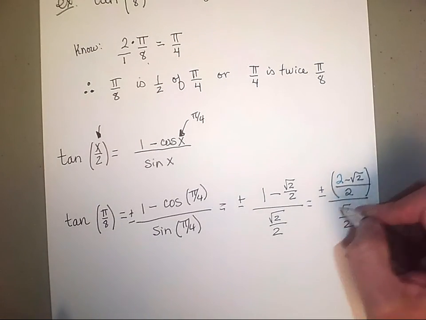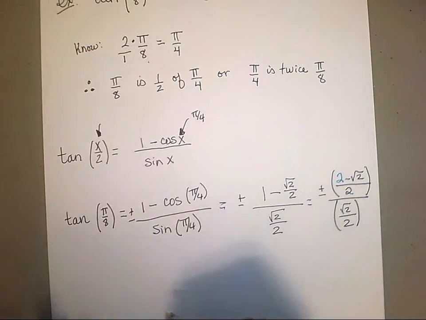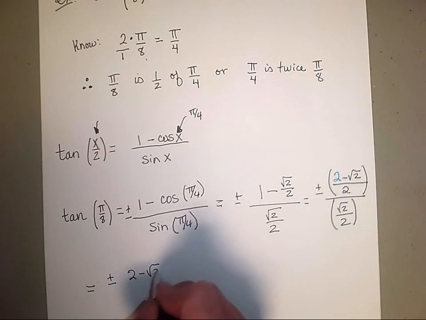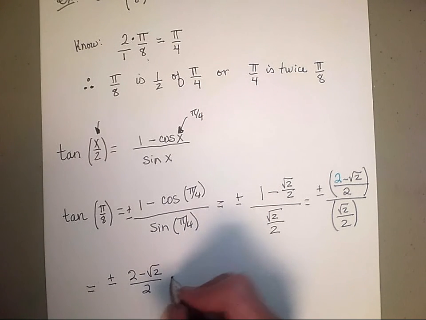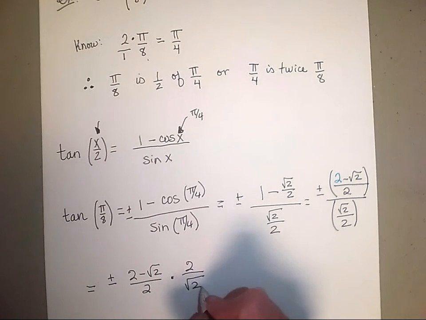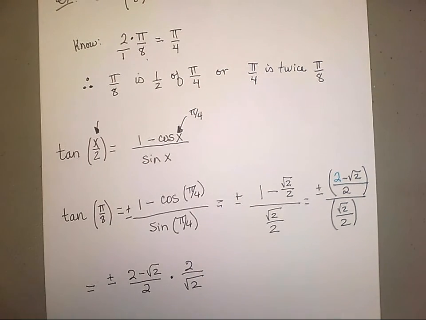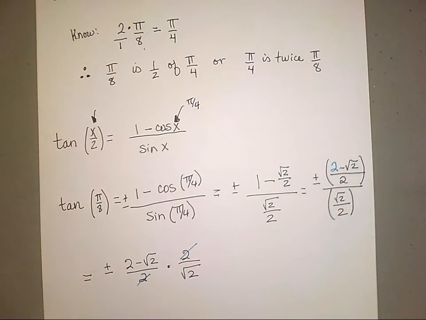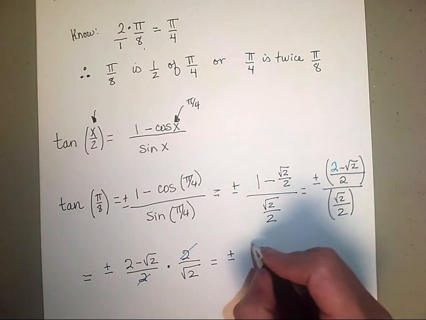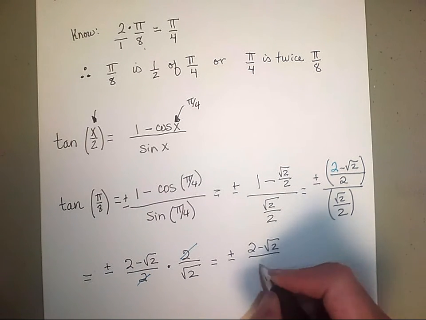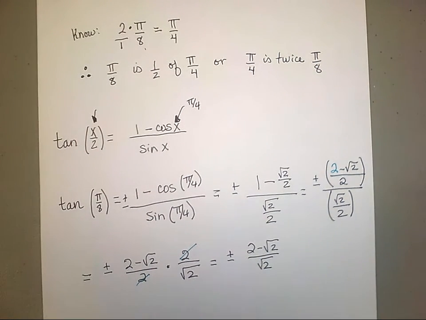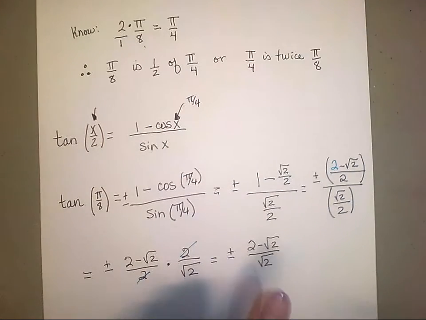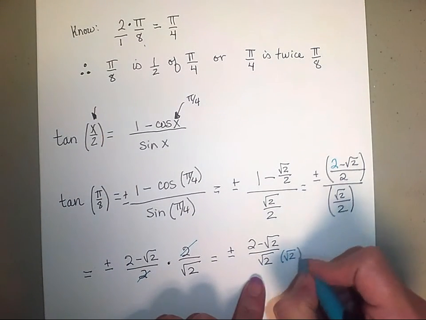And now we need to simplify. We're dividing fractions, so you need to invert and multiply. So this is equal to plus or minus 2 minus root 2 over 2 times 2 over root 2. Now these 2's are going to cancel, and we'll be left with plus or minus 2 minus root 2 over root 2.